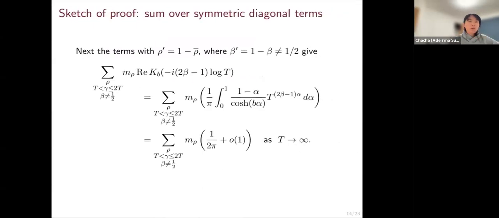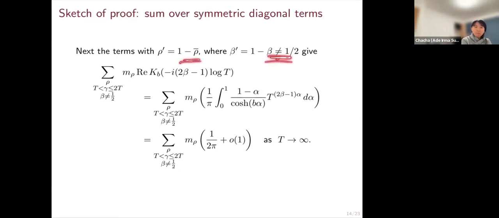Now there's another term I want to take out. What I did just now was take diagonal terms when the zeros are the same. We notice that there are also symmetric diagonal terms: zeros which are not the same, but are flipped with respect to the half line.